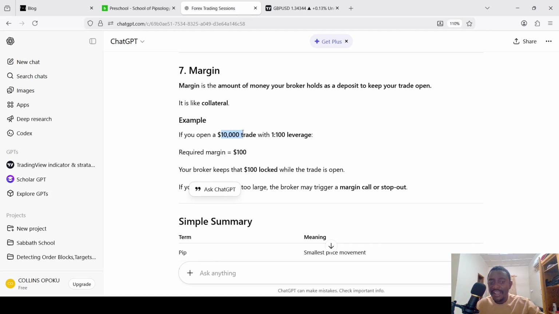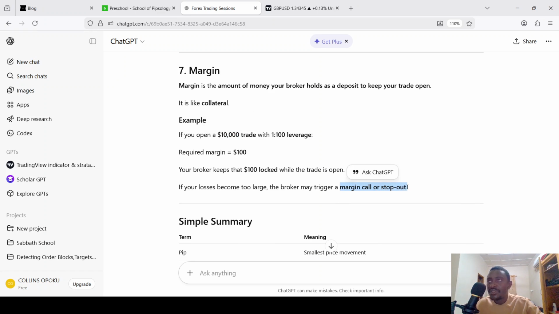If you open a $10,000 trade with 100 leverage, you are supposed to have a required margin of $100 in your account, because the broker is offering you 100 times of it, which is the $10,000. But once your account goes below this, it means you don't have the required amount to trade this $10,000. And sometimes you get a message, a margin call.